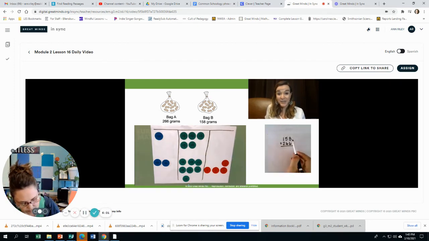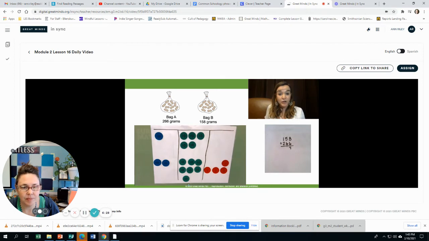8 ones plus 6 ones equals 14 ones. Let's rename some ones as tens. Reflect on how many tens and ones are in 14 ones. Think about that. Pause if you need to. 1 ten, 4 ones. Let's see how we record that in our vertical form.